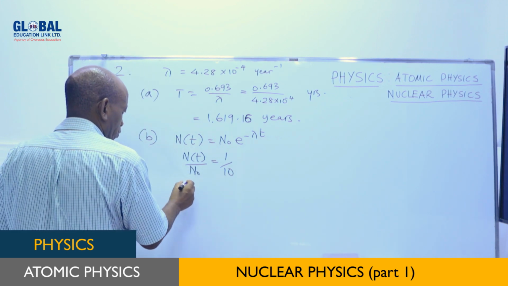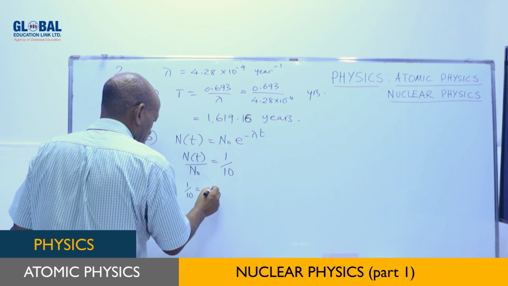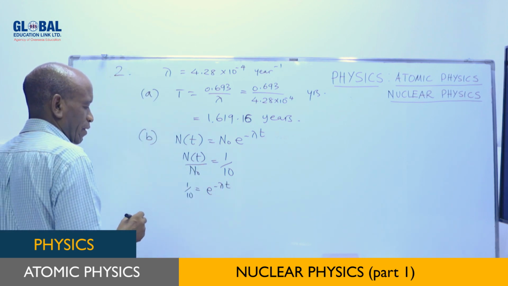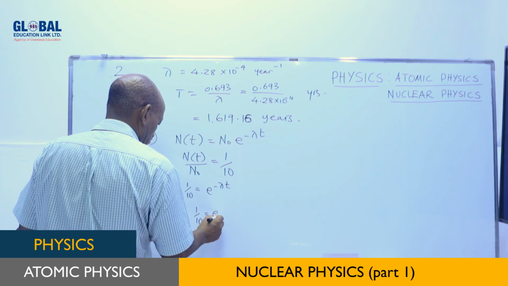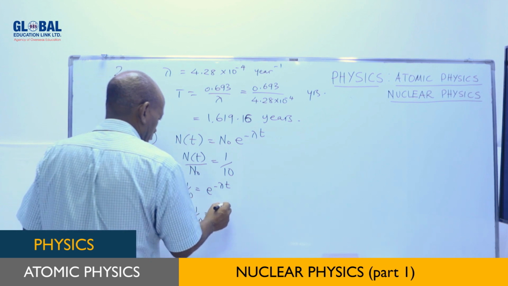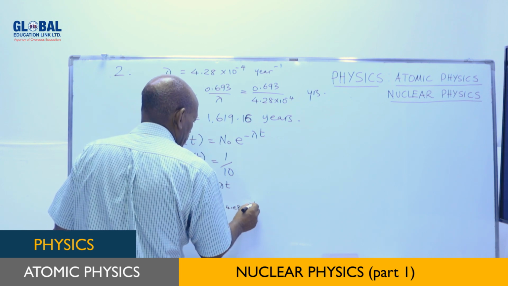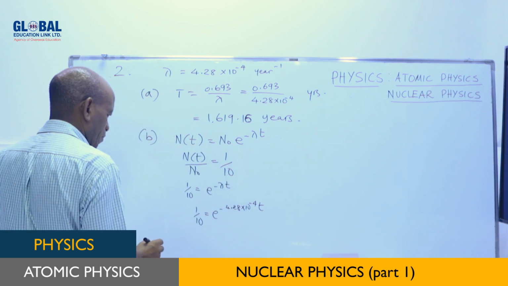Therefore, 1/10 is equal to e power minus lambda t. That means we have 1/10 equal to e power minus 4.28 times 10 power negative 4 times t.